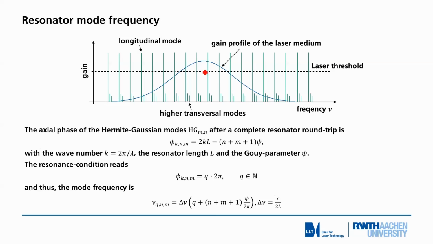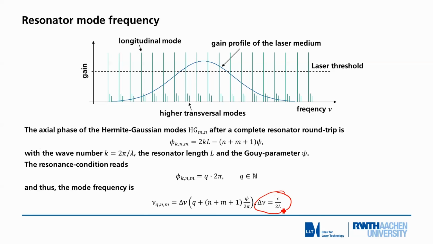If we want a single mode laser, we could, number one, narrow the gain profile, which is pretty difficult. It probably is easier to increase the separation of the individual modes, and as you remember, the frequency spacing here is c over 2L, so all we need to do is increase L, then we decrease delta nu, or the other way around.